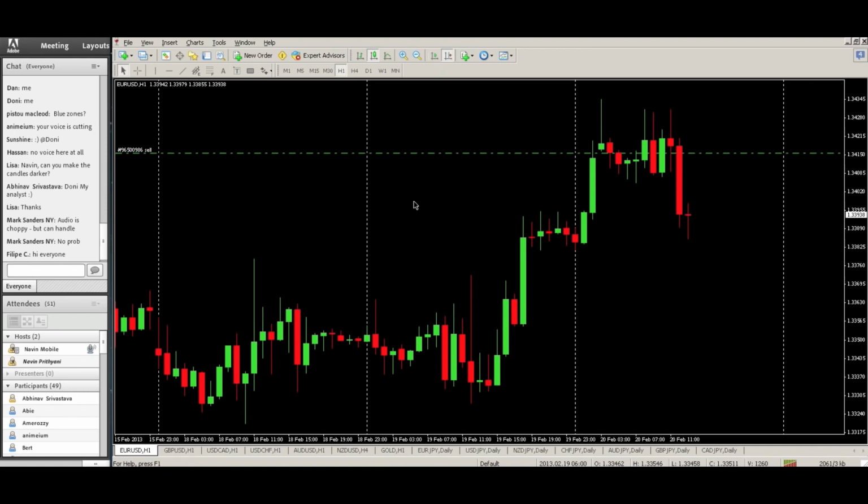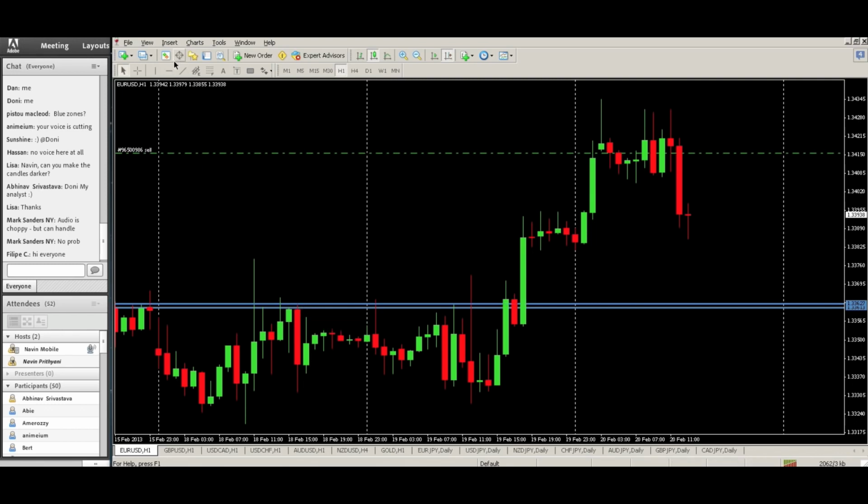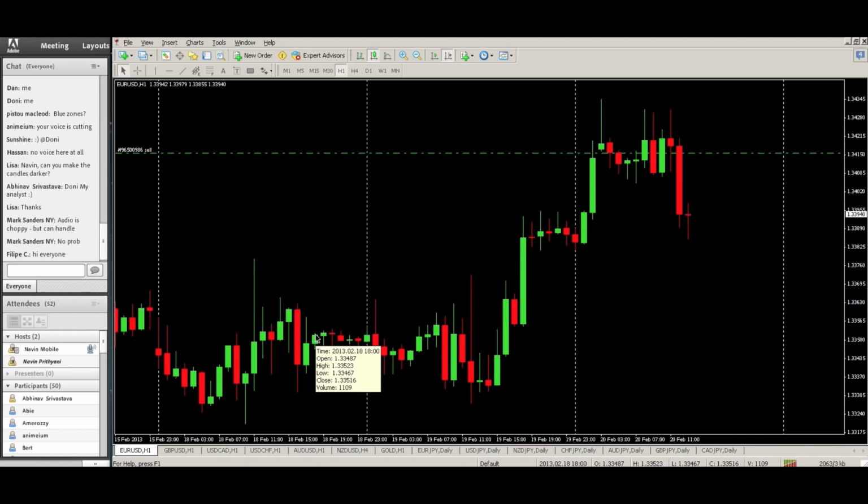There are a million support and resistance levels. You can technically draw resistance on top of each candle, but you'll just go crazy, like Einstein with the crazy hairdo. So you don't want to do that. You want to understand the level of strength of a particular support and resistance level.